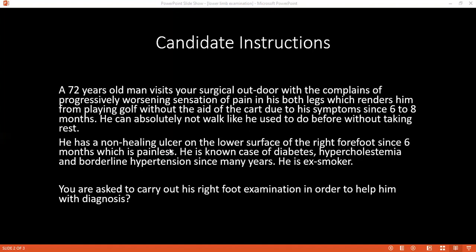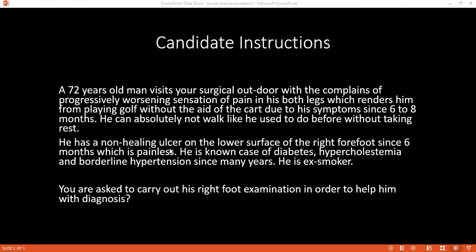Yes, ma'am. For a neuropathic ulcer, usually the patient will not feel pain on the affected foot, and there may also be some deformity involving the affected right foot because of Charcot arthropathy. In arterial ulcer, there will be reduced or absent pulses in the posterior tibial and dorsalis pedis, and the foot may feel cold.